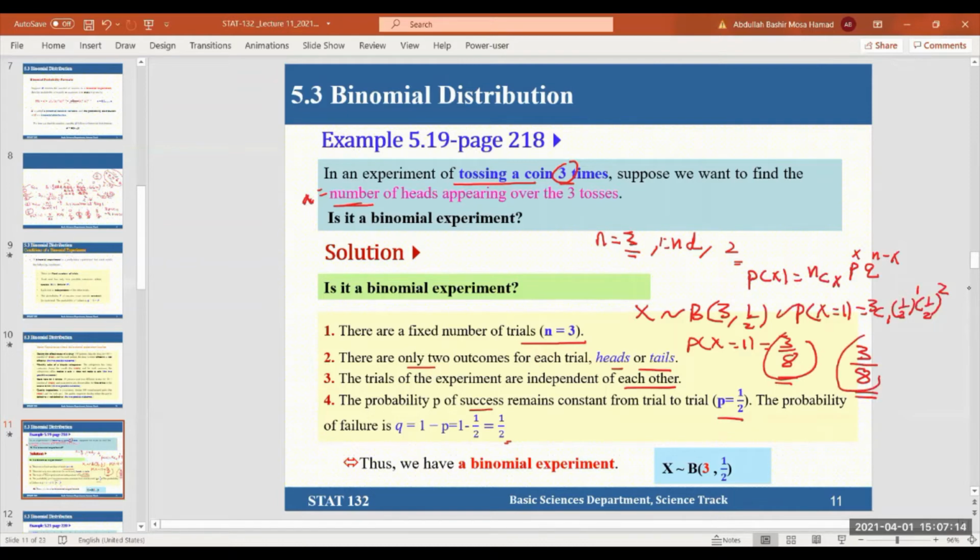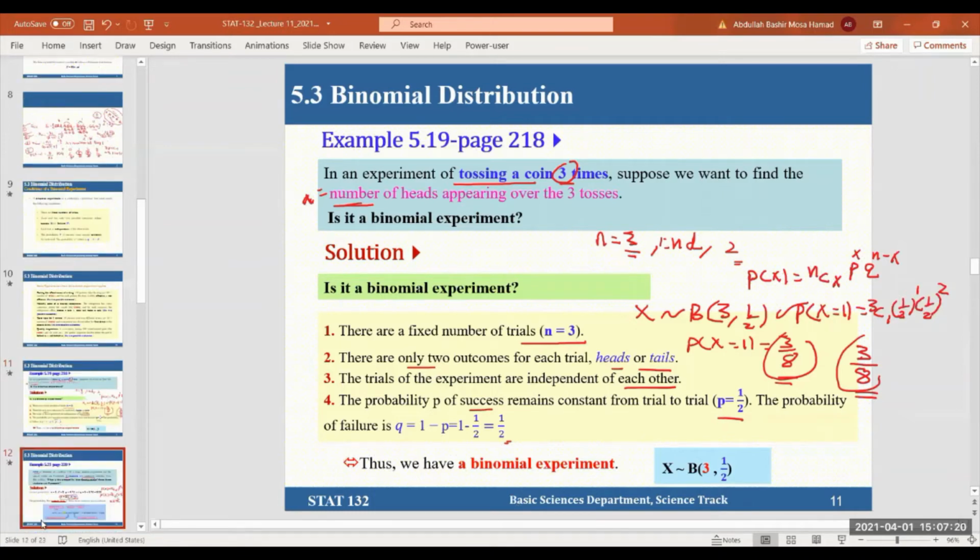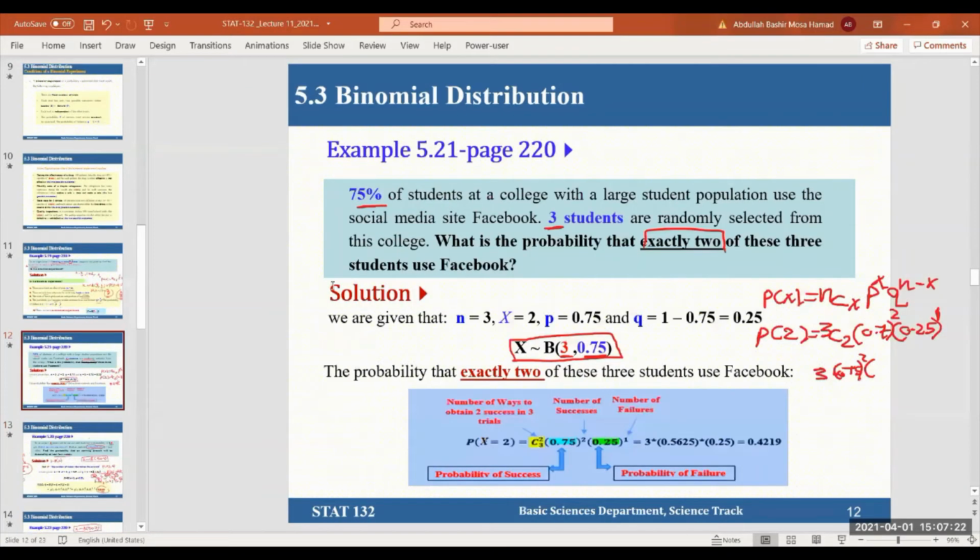This way I think is much easier than that. Let's take some examples. Here we have an example: find the probability that, if 70% of students at a college with a large student population use the social media site Facebook, 3 students are randomly selected from this college.